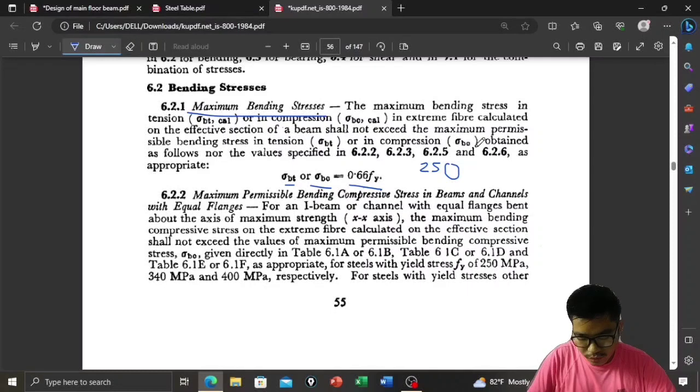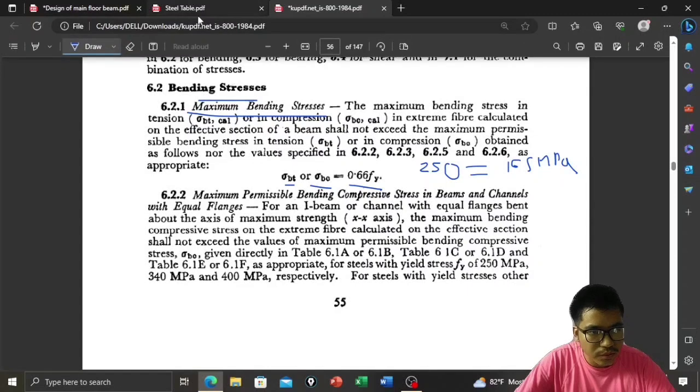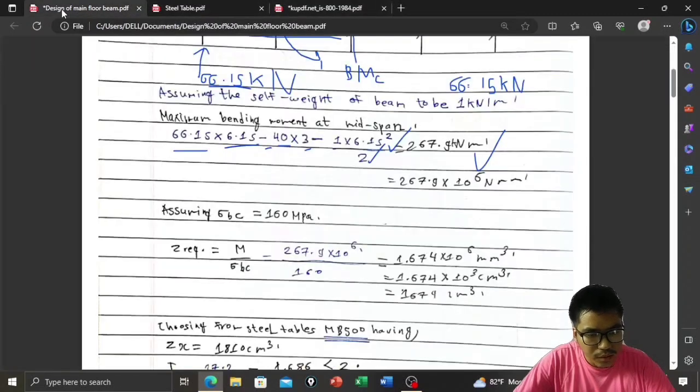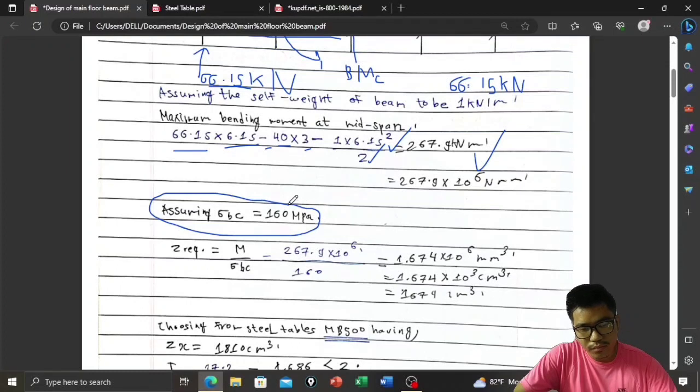We take 250 if not given in the question, so 0.66 into 250 is 165 megapascal, which is the ideal maximum. So maximum we can take is 165, so we assume 160. We cannot assume more than 165, so we must assume less than 165.